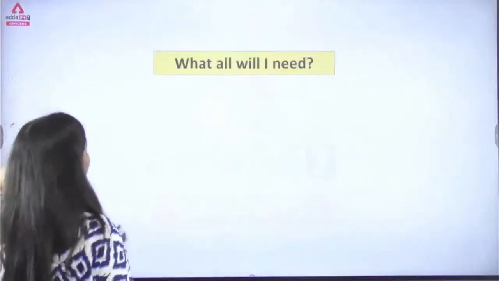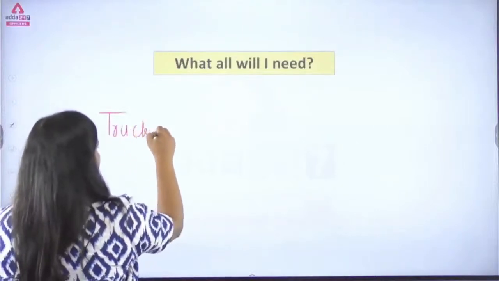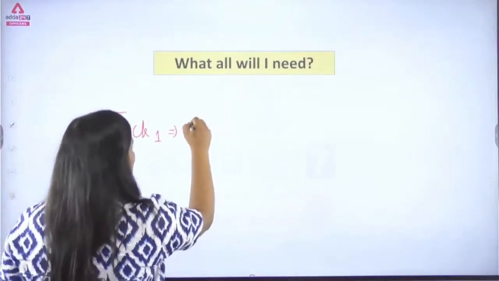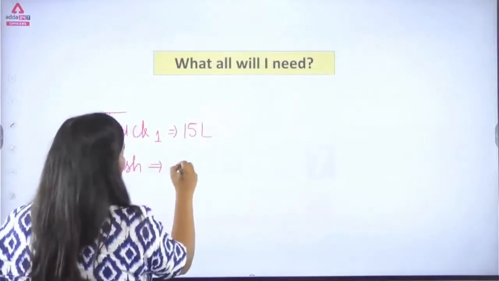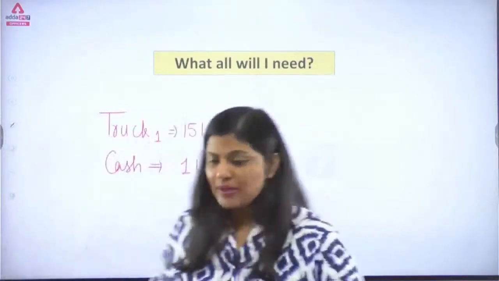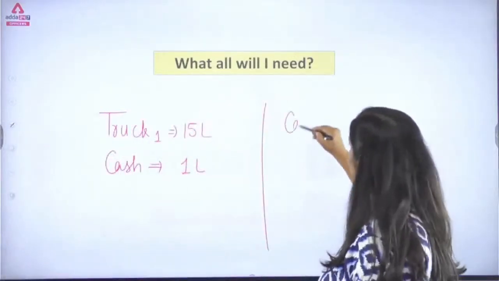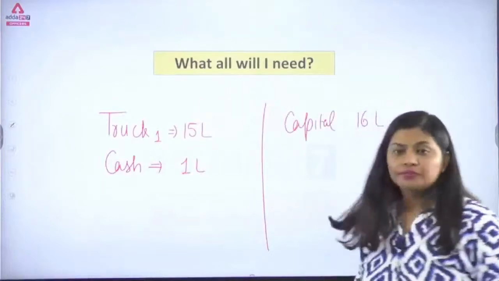Now, let's take another example. My business was going good. I had truck 1, which we took for 15 lakh. I had also pulled in some cash of 1 lakh. The total amount invested by me in the business was 16 lakh. Correct?